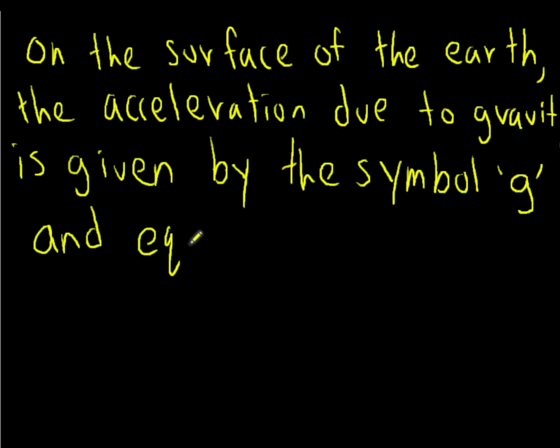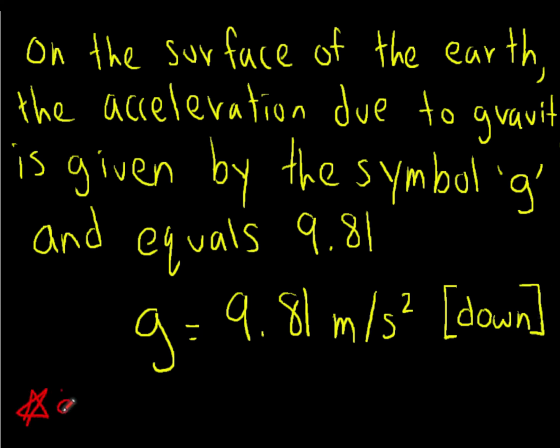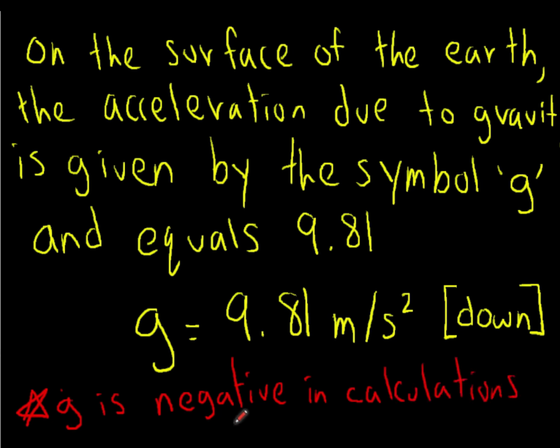And it equals 9.81. This is the value we'll use in Physics 20. g equals 9.81 meters per second squared, and the direction is down. This is really important. Since g is always down, g is always used as a negative in calculations. g is a form of negative acceleration.